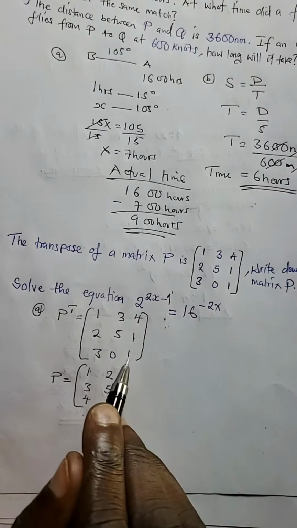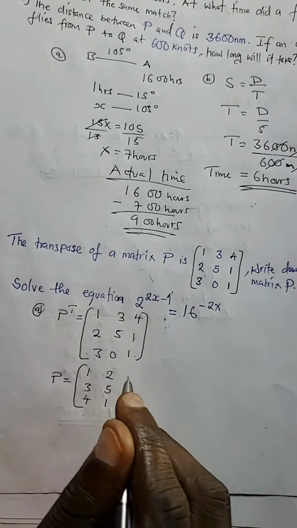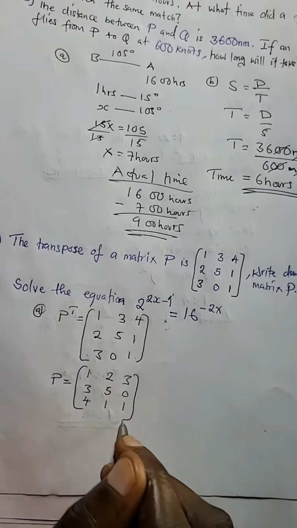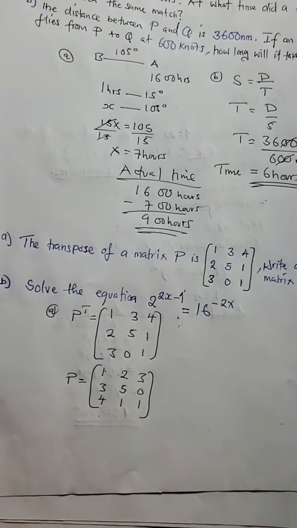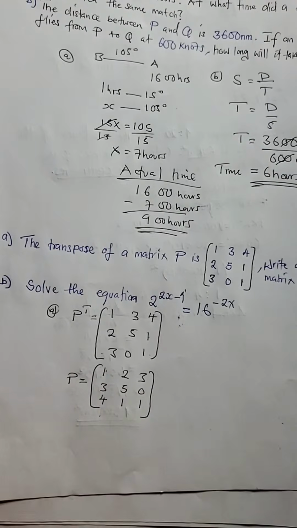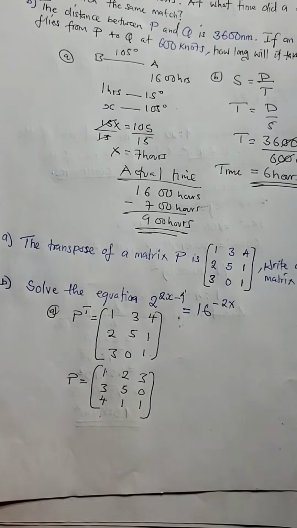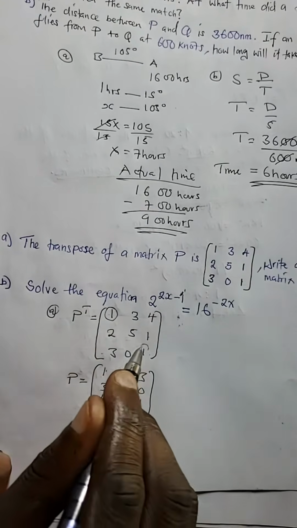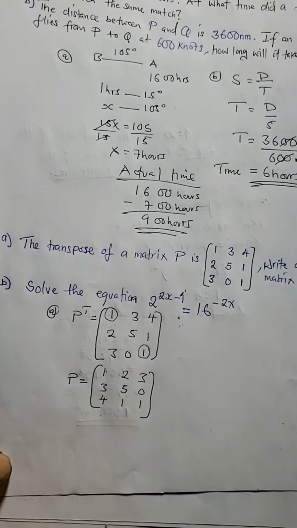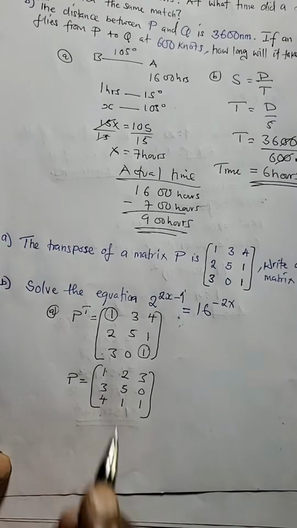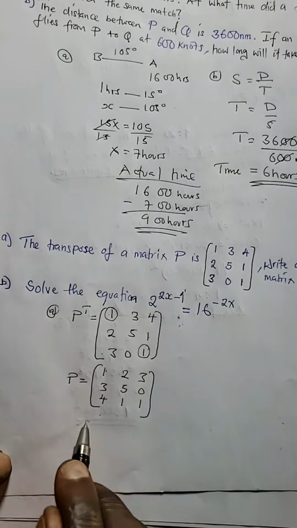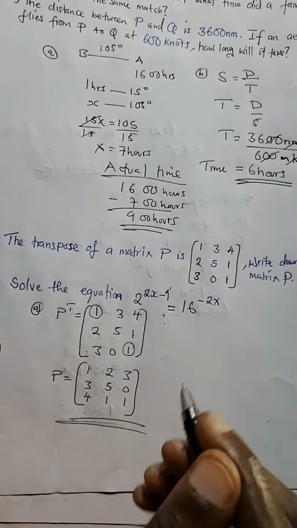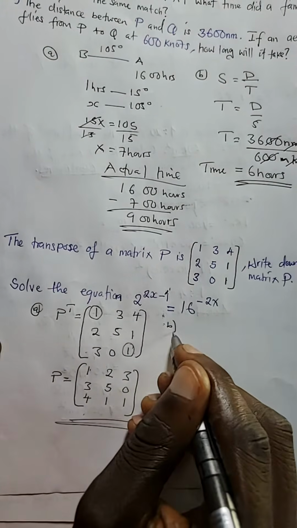Then the last row here becomes the last column, which is 3 0 1, like this. Now how can you know that you've answered the correct thing? You can know that you've done the correct thing when the first number here and the last don't change positions. They will just maintain positions, and this is the correct answer. It's just a mark, moreover. So let's go to question B.